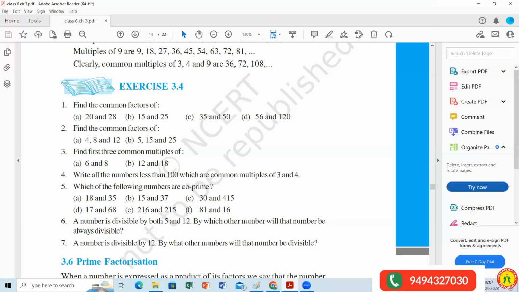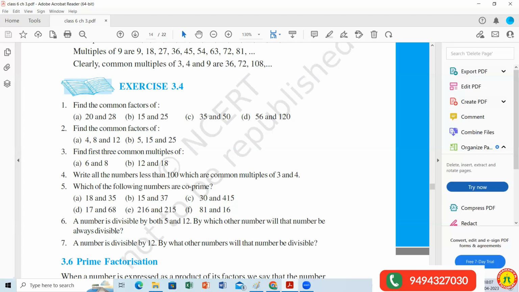Now, which of the following numbers are co-primes? Your task is question number 5. My question to Soumya: are you there? Yes, ma'am. Soumya, check whether 18 and 35 are co-primes or not.